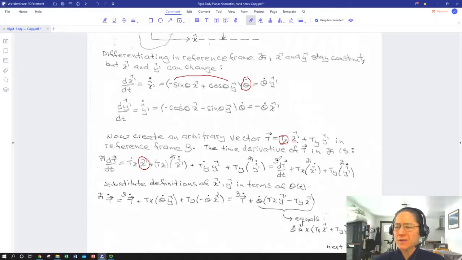So it's squarely within the body B reference frame, and the same thing with this. So if you put these two together, what we actually have is the time rate of change of vector capital T within body B, with reference to body B's reference frame. So these two are the x prime and y prime components of this vector.